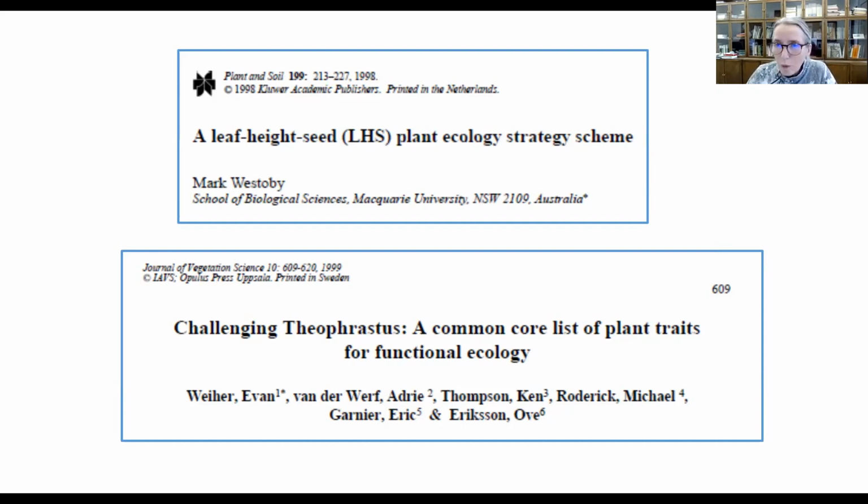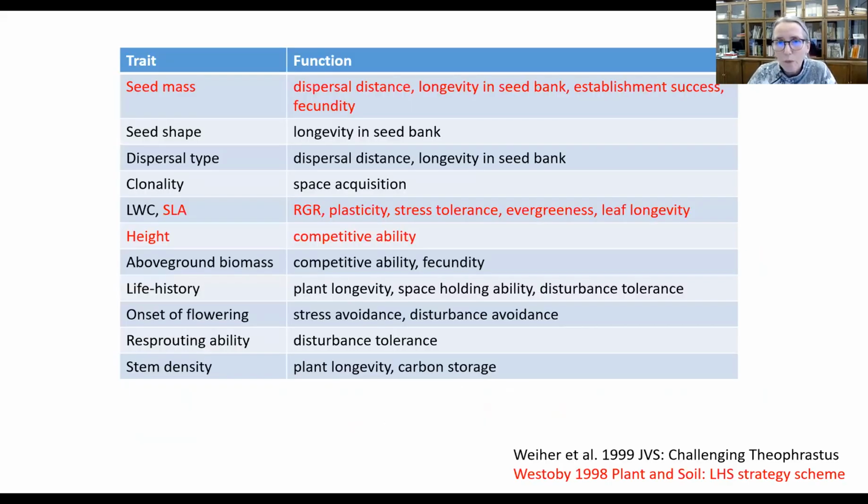In these two papers, the authors proposed that instead of using lifelong experience with the behavior of plants, with flora and vegetation of the area, you can just go out and measure a few easily measurable traits which are important for plant function.